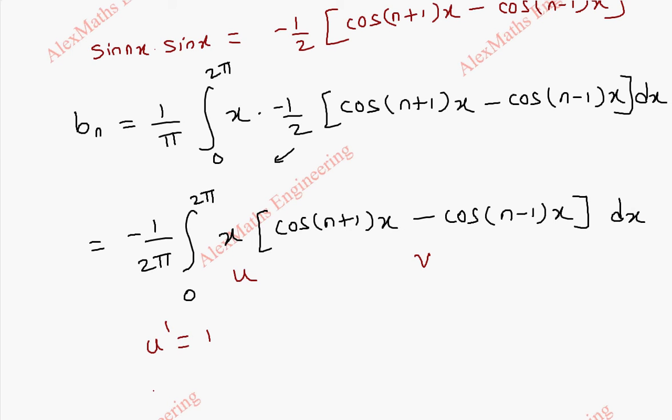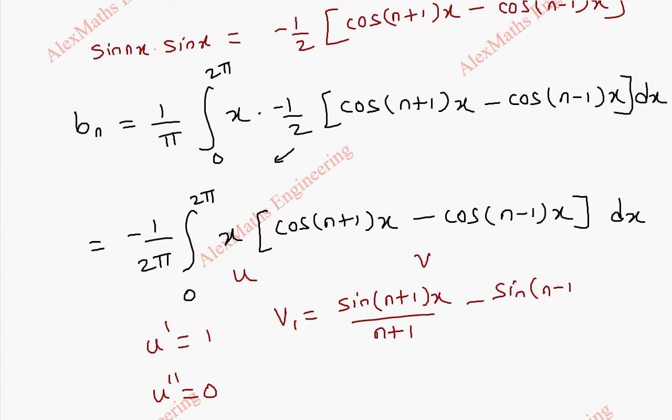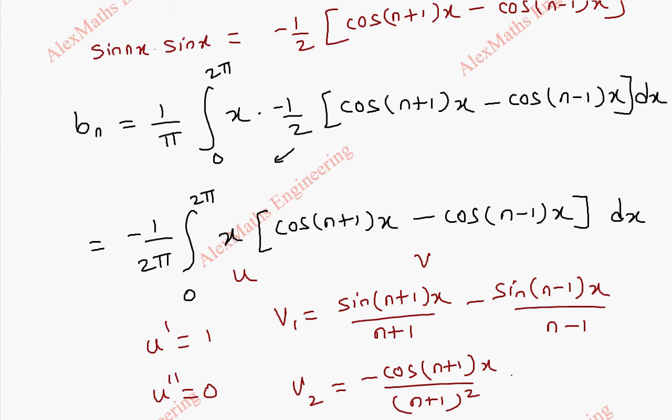We have to find u dash, which is 1, u double dash, which is 0. v1 is sine n plus 1 x by n plus 1 minus sine n minus 1 x by n minus 1, and the next integration is minus cos n plus 1 x by n plus 1 whole square, and again plus cos, because already there is a minus sign, n minus 1 x by n minus 1 whole square.